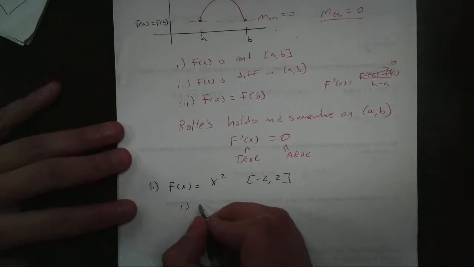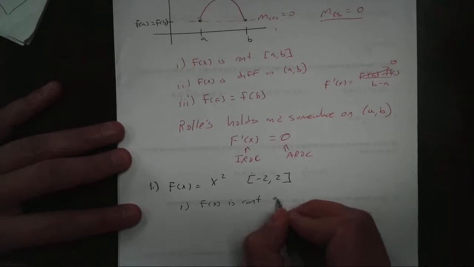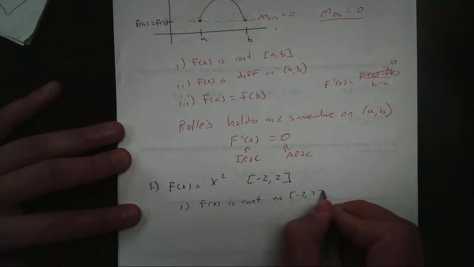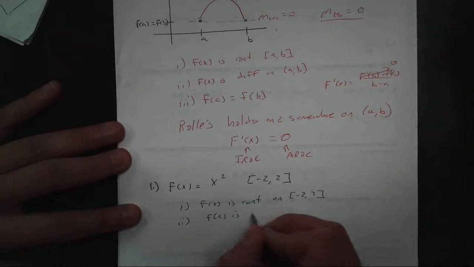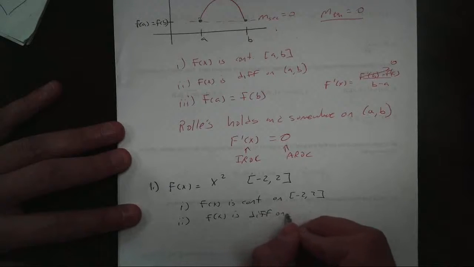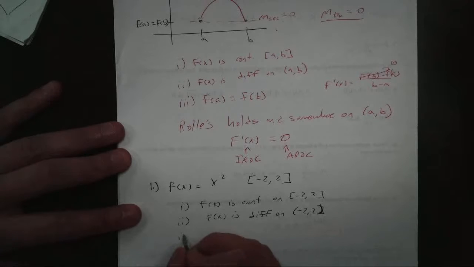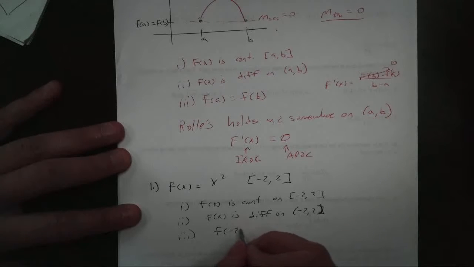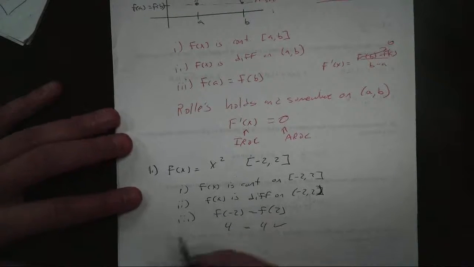One, f of x is continuous on the interval -2 to 2. And 2, f of x is differentiable on the open interval -2 to 2. Oops, sorry, soft bracket. And the third step says, well, is the value at -2 the same as the value at 2? I could plug that in and figure it out. 4 does equal 4, so that's true.